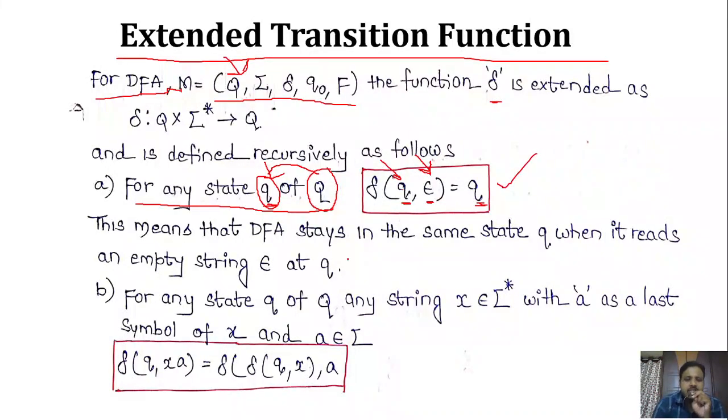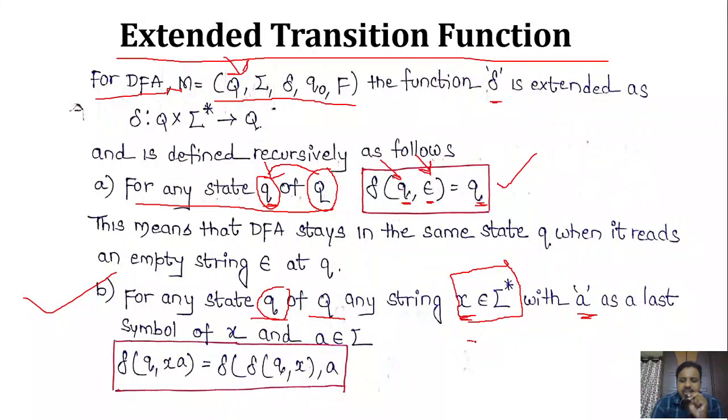Okay. The next property, point number B: for any state small q of capital Q, that means you have picked some state q out of the set of states, and you have some string x, where x belongs to sigma star. So x is a string defined over sigma star, consisting of symbols from sigma, and with a as the last symbol, right?